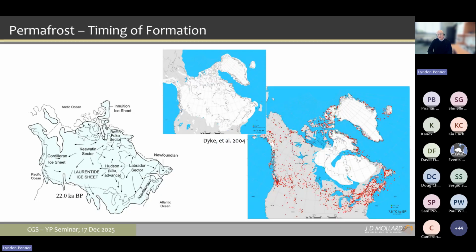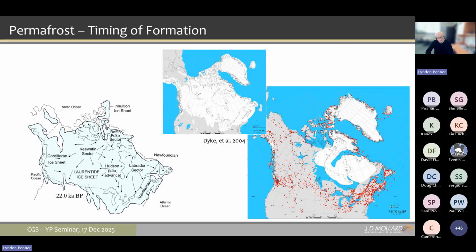Timing of formation. This is an interesting topic that I just came upon some information on recently that related to a project I was working on. Of course, the glacial maxima was something like 22,000 years ago, and then as the ice receded, there was warming, and the landscape became ice-free.